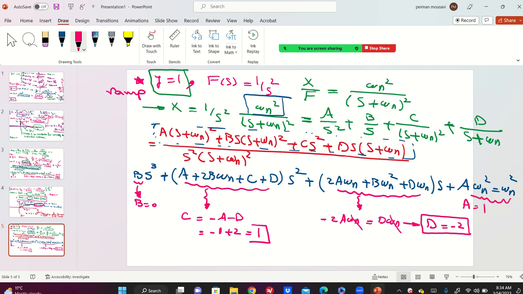So, having that, x is going to be 1 over s squared. I see there is a mistake here.